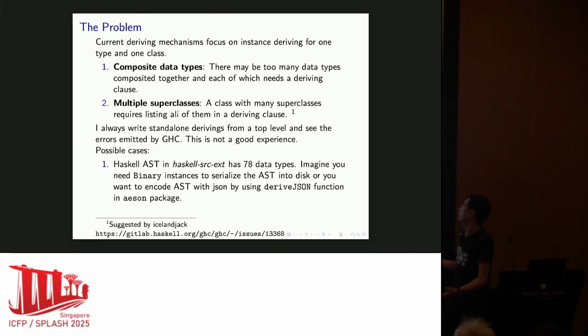There are about 78 data types. Imagine you need Binary instances to serialize the AST to your disk or send it over the internet, and want to encode the AST with JSON by using some Template Haskell techniques in the aeson package. Then you need to write a lot of trivial code.